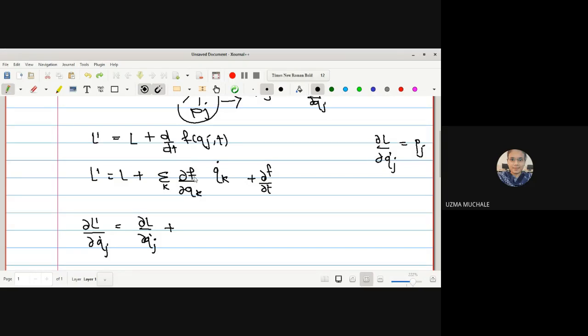At that time we will treat the summation over k of dou f by dou qk as a constant, and we differentiate qk dot with respect to qj dot, plus the next term, dou f by dou t. What is given to us: f is a function of qj and t, right?